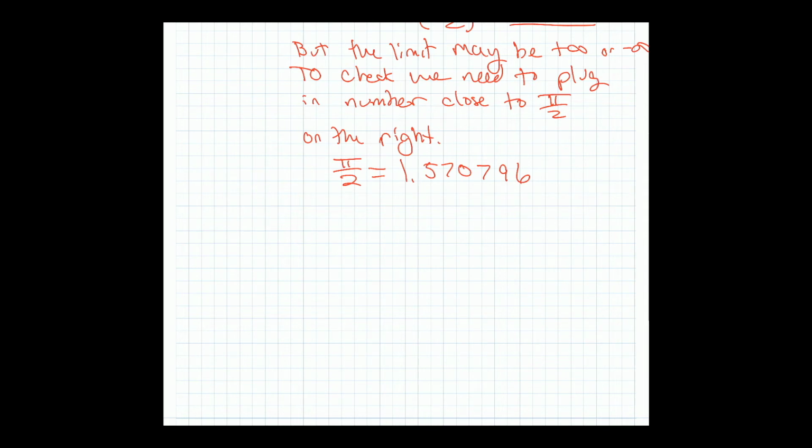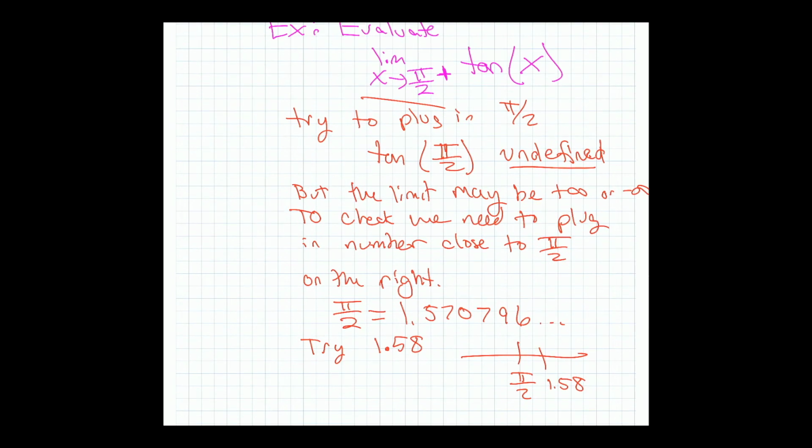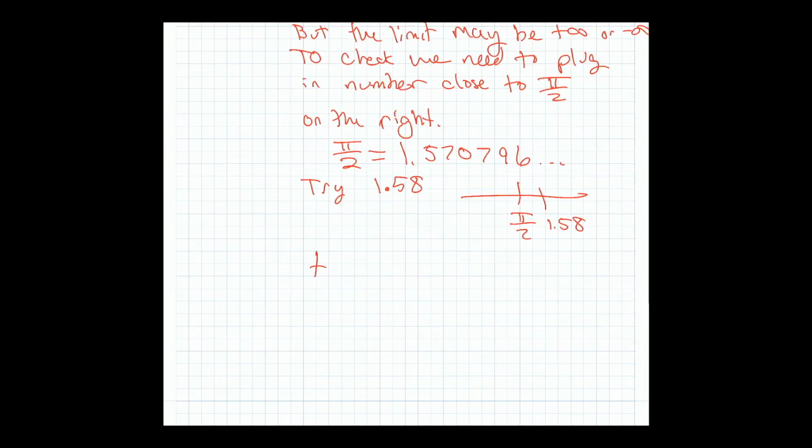So what are we going to plug in? How about 1.58, right? That's going to be bigger. So let's try 1.58. Why 1.58? Because if pi over 2 is here, 1.58 is on the right. Okay, so tangent x. So what's tangent 1.58?